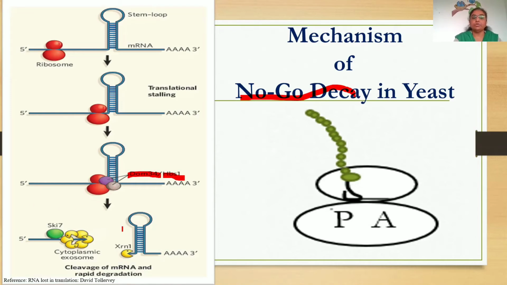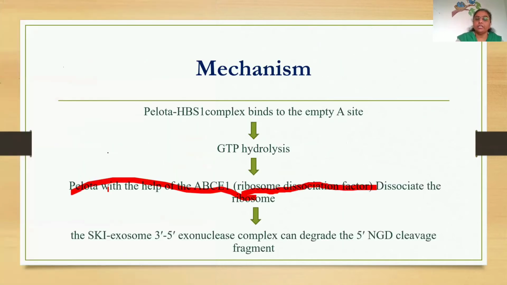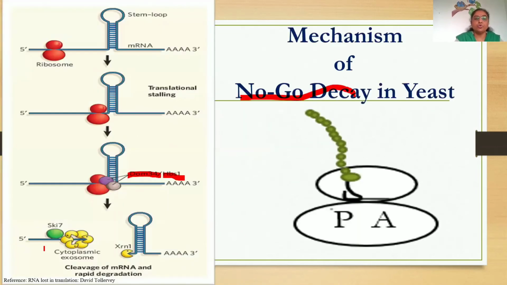When Pelota Hbs1 is loaded, it cleaves the RNA upstream of the ribosome, and when the ribosome dissociates, these two RNA fragments are released.